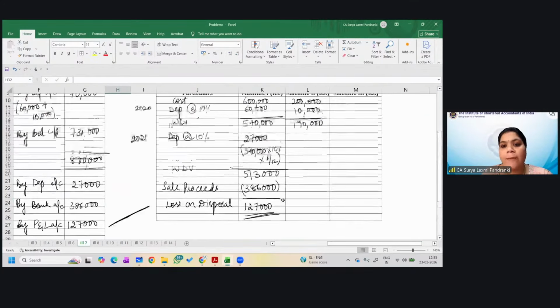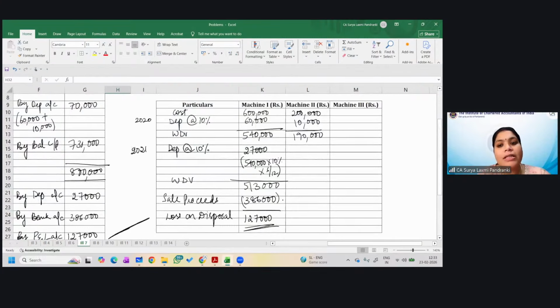Let us go back to this. Now 1,90,000 is the carrying value, and depreciation on this will be 19,000. Calculate the carrying WDV. 1,71,000.